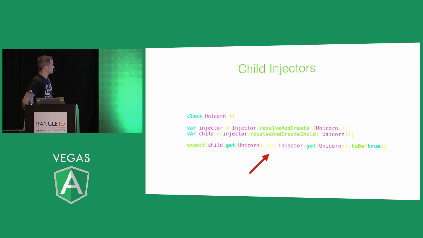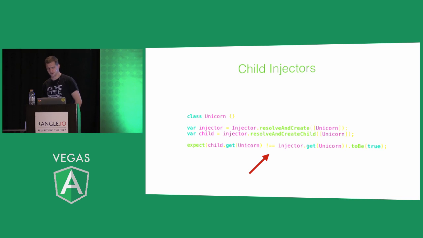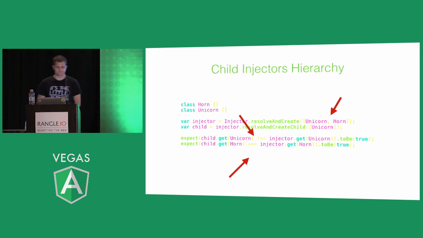So this is what child injectors look like. You have resolve and create. And since both of these are created with a unicorn, we are getting separate instances. Here we have resolve and create. We're giving the parent injector a unicorn and a horn. And the derivative injector, the child injector, has a unicorn.